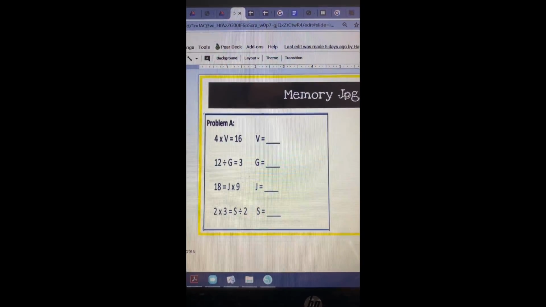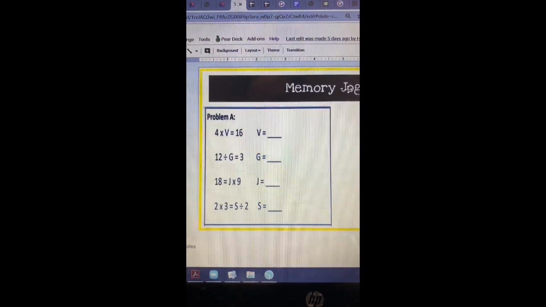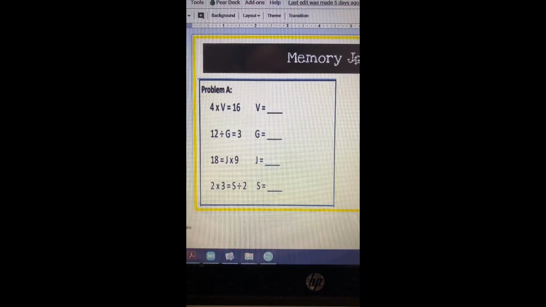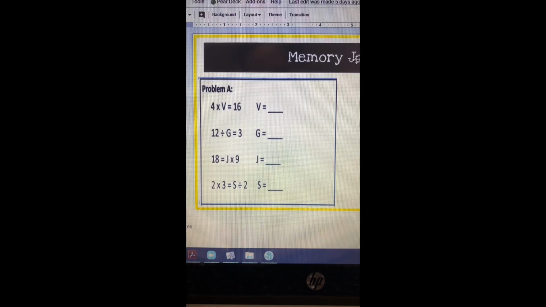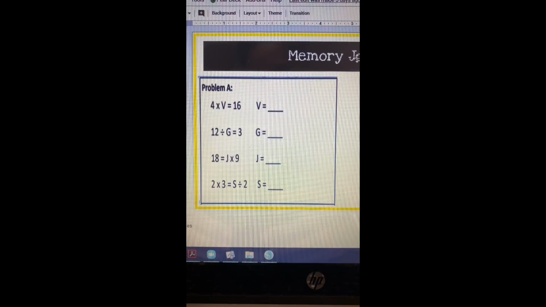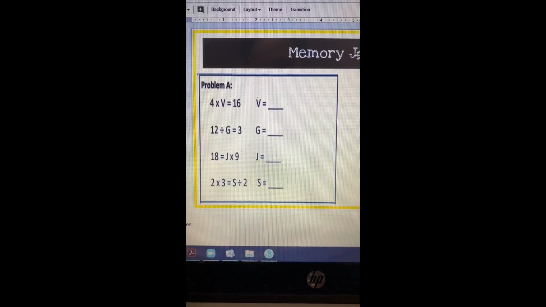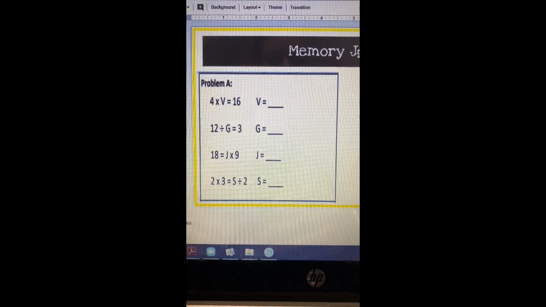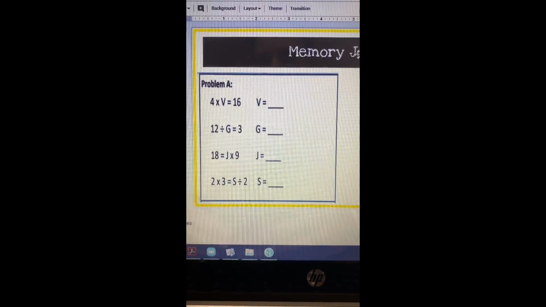All right, you have about 4 minutes left, guys. You're about a minute in. So, working on finishing up the first one, starting on that second one right there.